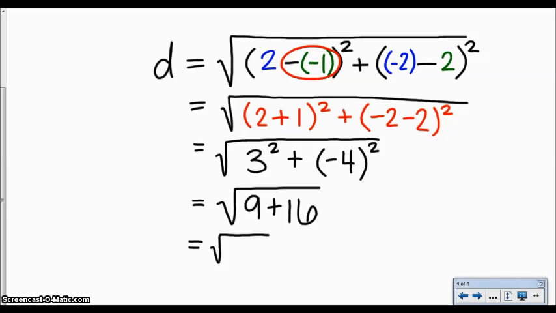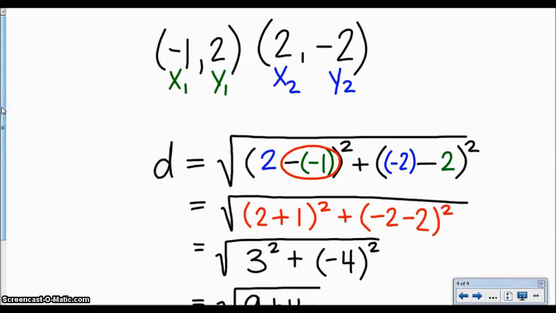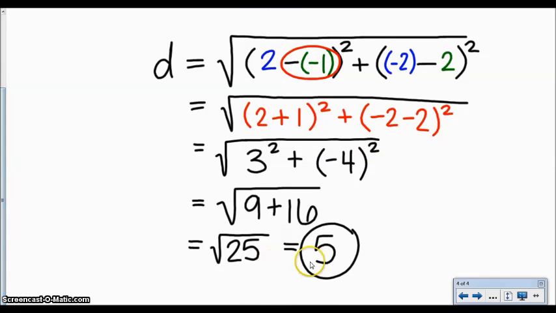Keeping our square root, what is 9 plus 16? 25. Now, 25 is a perfect square, so we can solve it for a whole number. The square root of 25 is 5. And we're done. So the distance between negative 1, 2 and 2, negative 2 is 5.